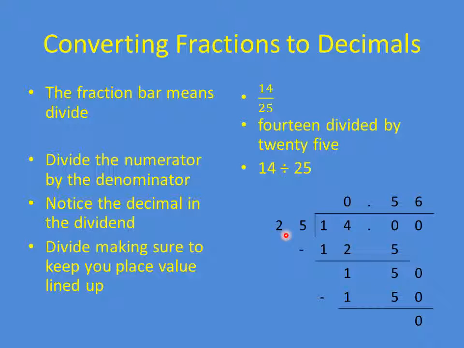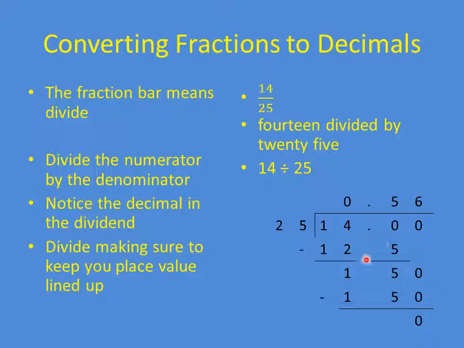So when I was dividing 25 into 14, it doesn't go in, so I put a 0 above that 4. So then I saw how many times 25 would go into 140. Well, it happens to go in 5 times, so I put that 5 above the 0 in the 140. And then I continued my division from there.